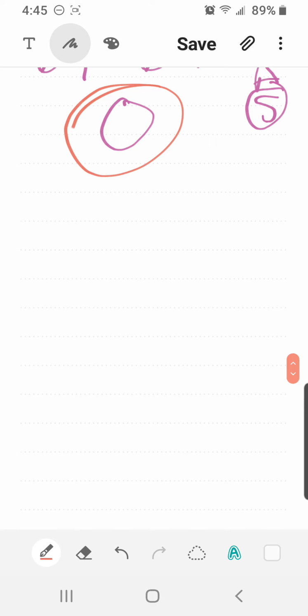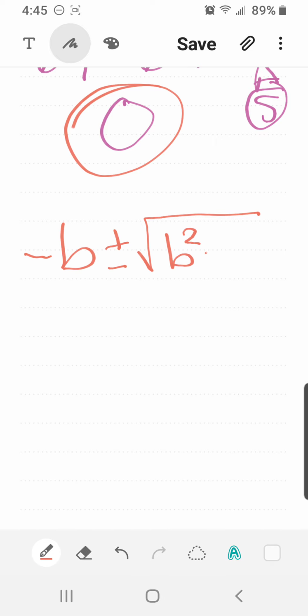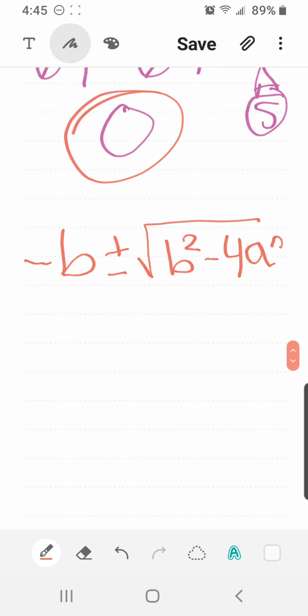All right, with our discriminant, we have 3 options. But first, I want to tell you a little bit of the why. So with the quadratic formula, I have -b plus or minus the square root of b squared minus 4ac over 2a.